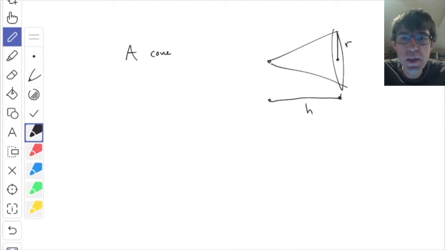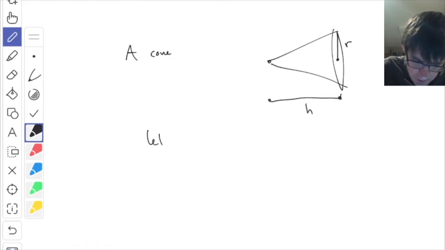This is another ordinary mathematical geometric shape. Anybody happen to remember the volume of a cone? There's a formula for that too, which I don't care if you remember or not. But let's see if we can figure out that formula. Let's find the volume.